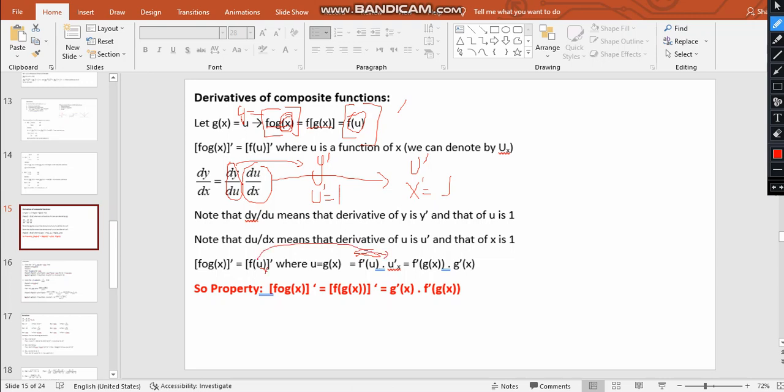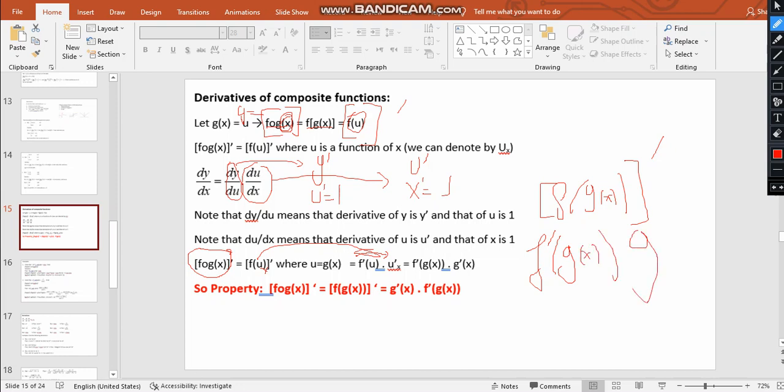So in other words, derivative of composite function f of g of x is nothing else than f prime of u, f prime of g of x, g of x is u, times u prime, it means g prime of x. Please, you need to memorize it.